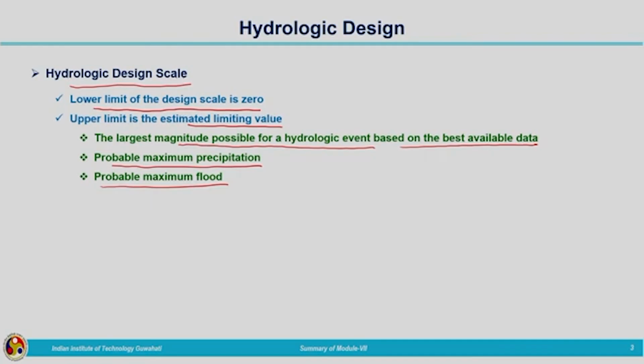There are certain catchments or watersheds which are ungauged in nature, which face the problem of data scarcity. In that case, for the determination of this maximum flood or maximum storm, we can make use of the storm transposition principle.